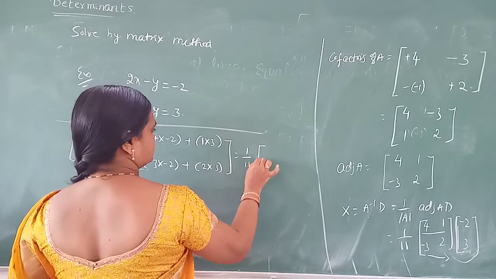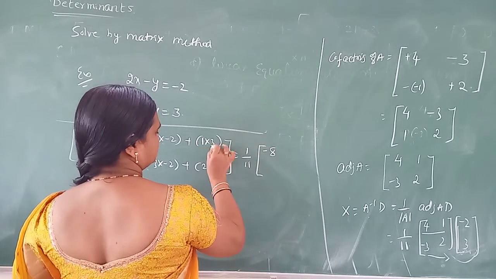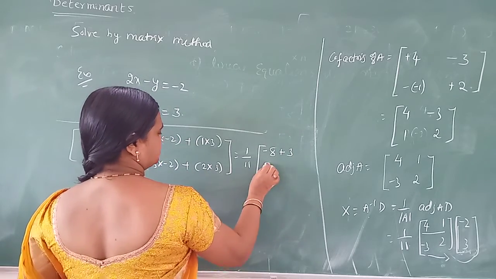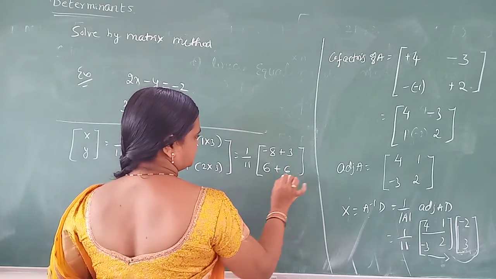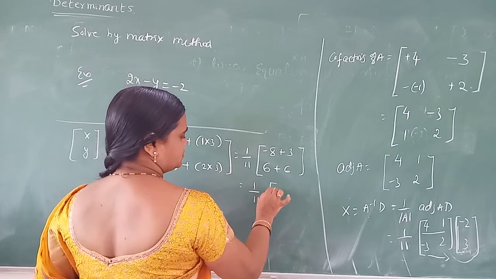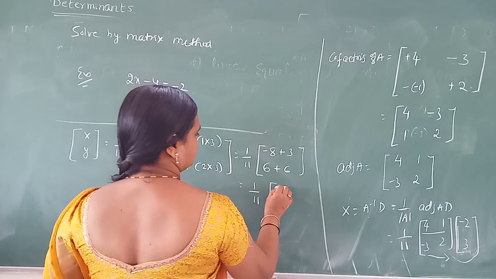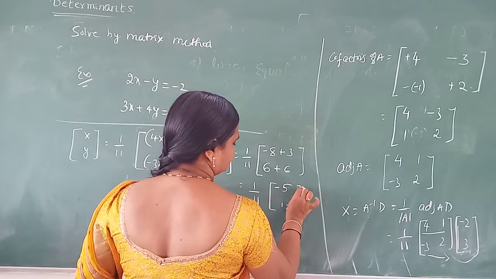1 by 11, minus 8 plus 3, minus into minus plus 6 plus 6. 1 by 11, minus 8 plus 3, which is minus 5, and 12.